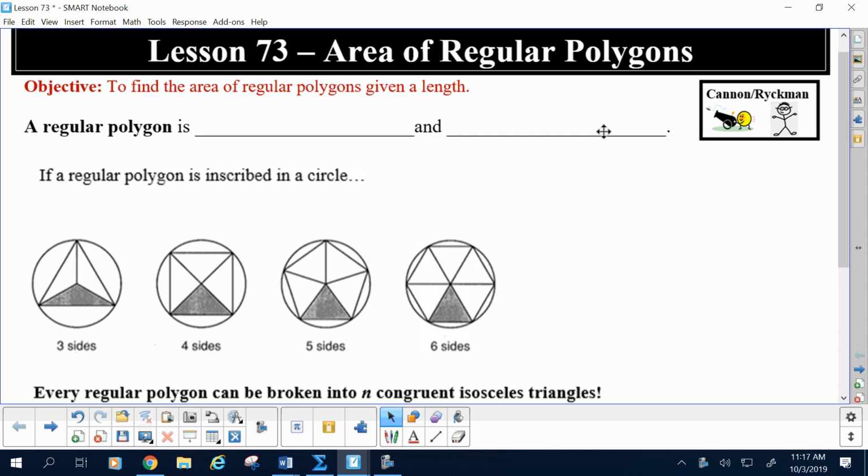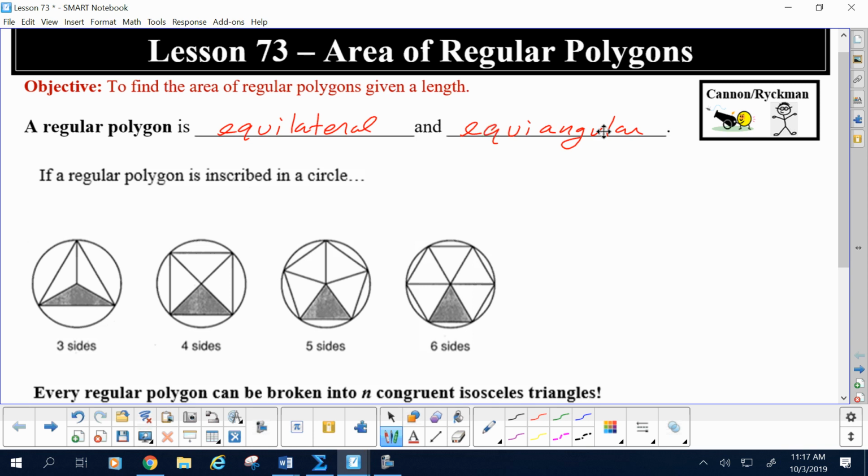So a regular polygon means all the sides are the same and all the angles are the same. So that means equilateral and equiangular. Yes, that's a word. I hope that's what they were in those note spaces. That's what I would say.